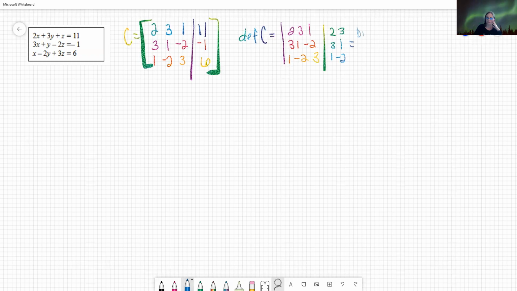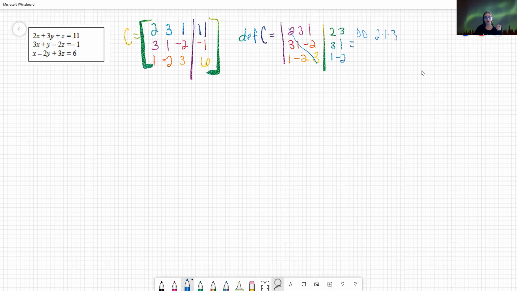We start with our downwards diagonals. Let's move that away so I can write on my screen. All right, so we're finding the downwards diagonals. 2 times 1 times 3.